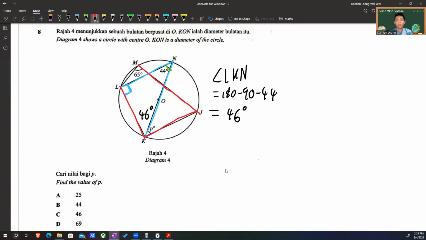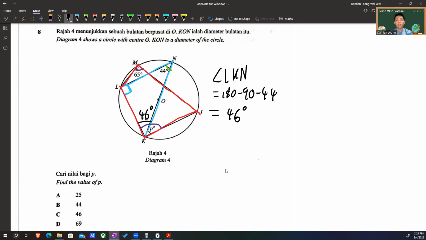Then this shape, JKLM, is a cyclic quadrilateral. All four corners of the quadrilateral are on the circumference. So opposite interior angles add up to 180.